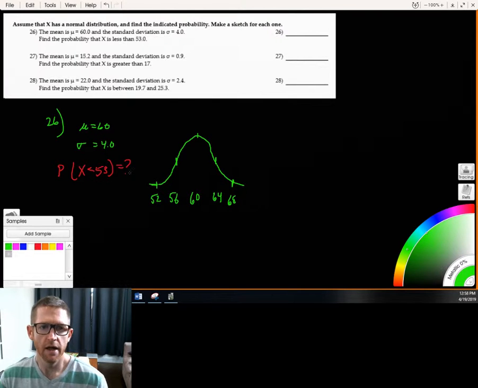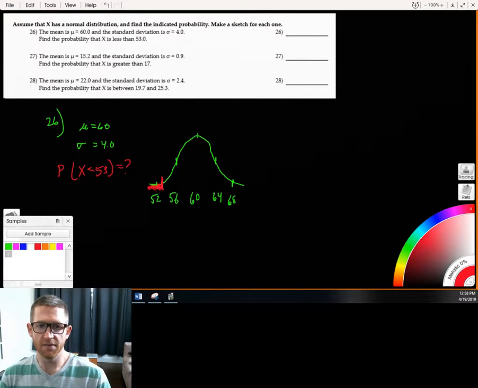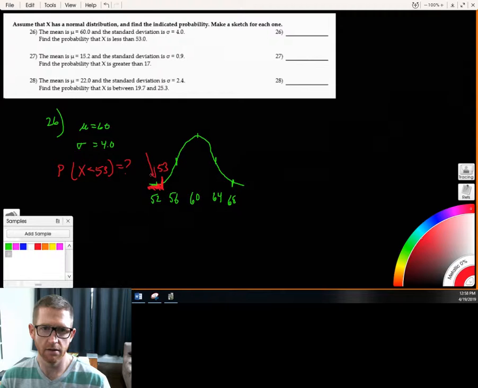Right, okay, good. And we are looking for the probability that x is less than 53. So 53 is about here, and we want less than 53. So the probability of randomly selecting a value less than 53 would be the red area under this curve.